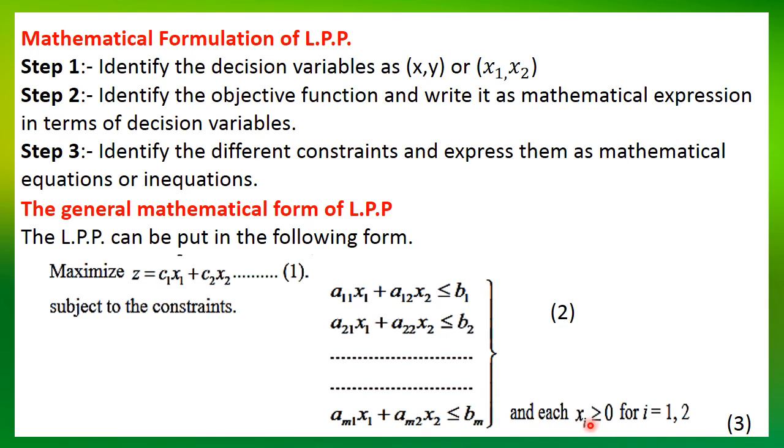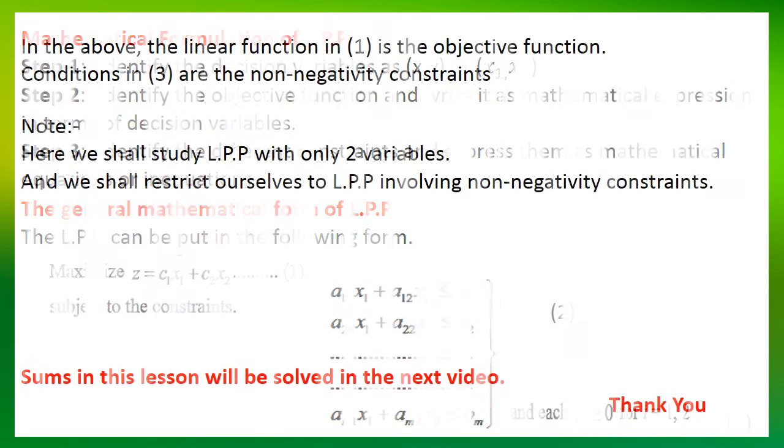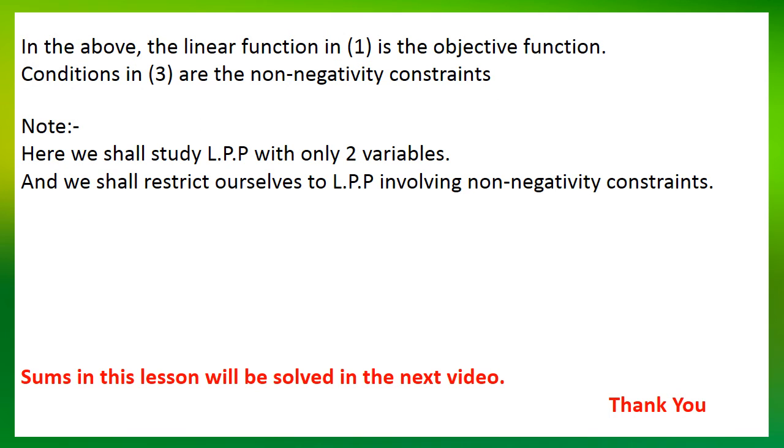And each xi greater than or equal to 0 for i is equal to 1 to 2, that is x1 and x2 greater than or equal to 0. Here the function in 1 is the objective function, which is a linear function. Also conditions in 3 are called non-negativity constraints.